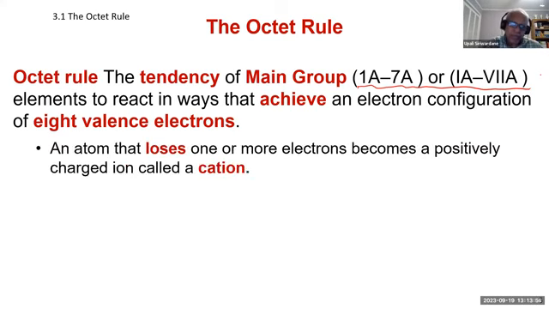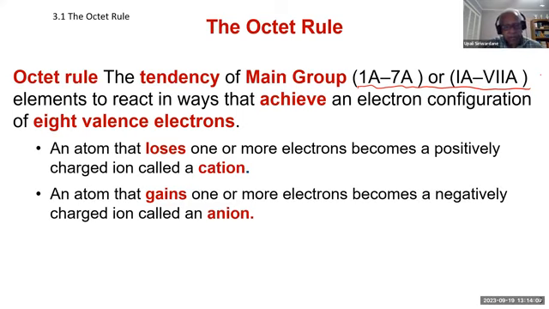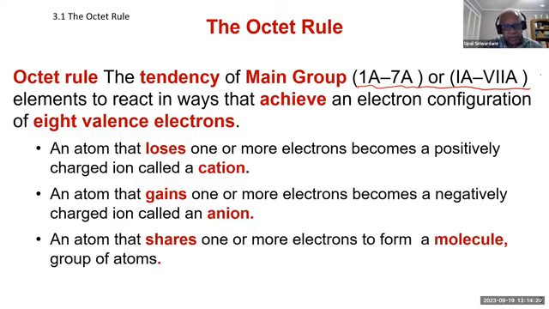An atom can lose 1 or more electrons and become a cation, or positively charged ion. That is metals. Non-metals gain electrons to become negatively charged, and negatively charged ions are called anions. These first two are how the ionic bond is formed.